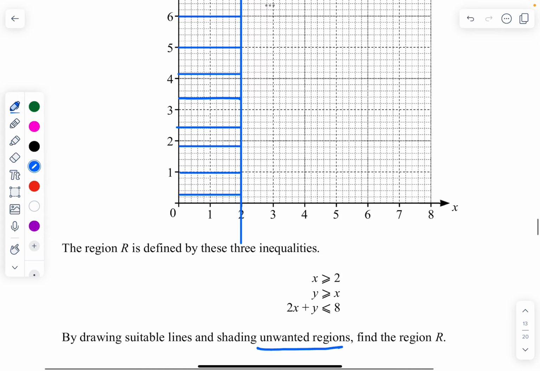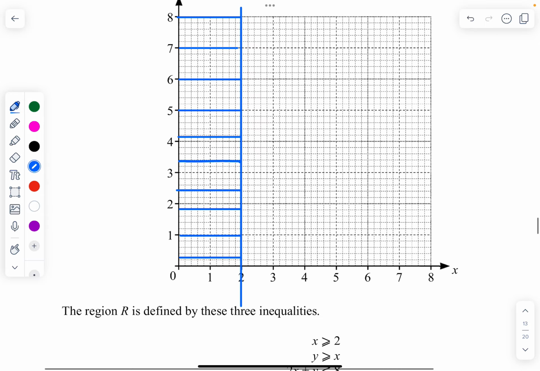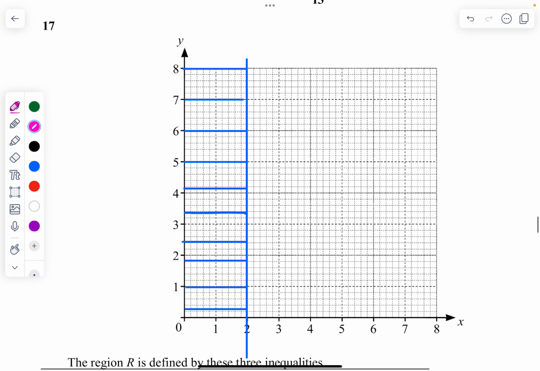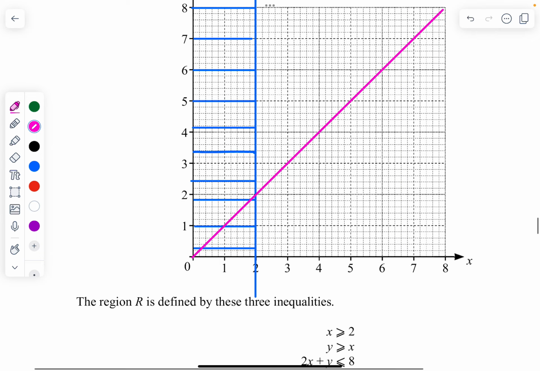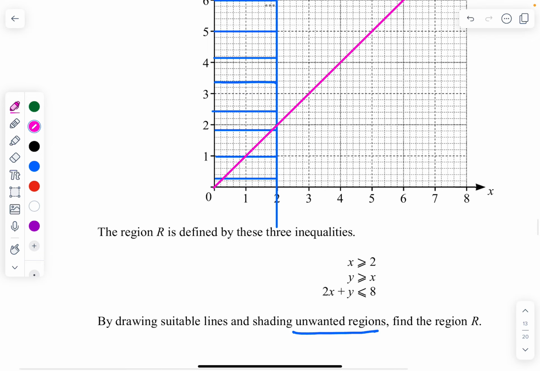Then y is greater than or equal to x. This is the point 1, 1, 2, 2, 3, 3, 4, 4, 5, 5, 6, 6, 7, 7, 8, 8. y is greater than or equal to x, so the unwanted y values will be less than x.